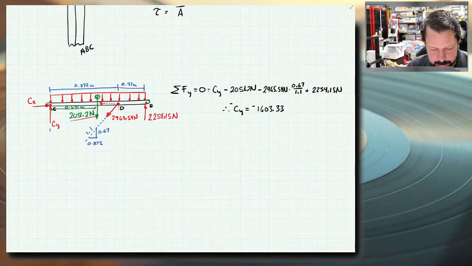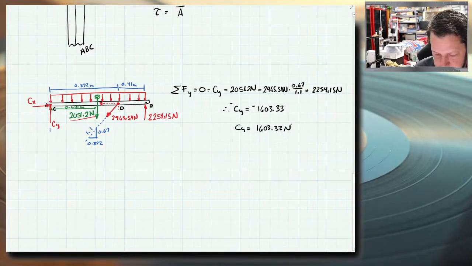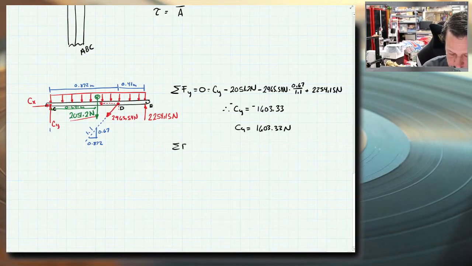But it does look like it is drawn correctly. Those two negatives cancel out, and CY is 1603.33 newtons. Then we would do summation of forces in X.